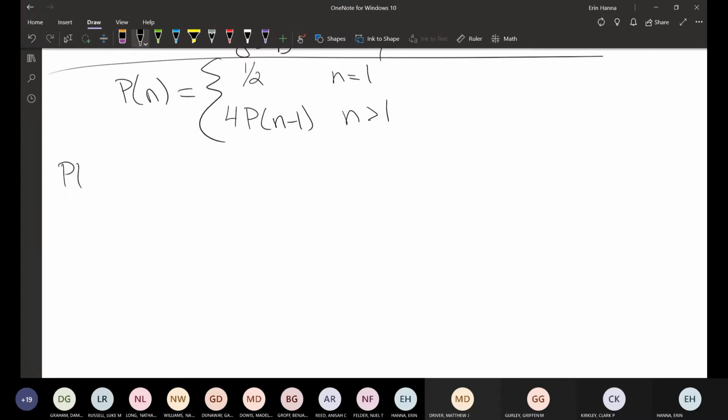Let's find the first 5 terms and try to figure out what's going on here, if you don't already see what's going to happen.